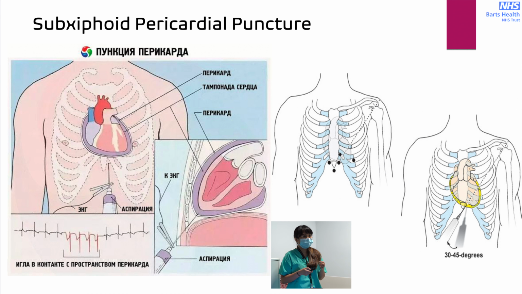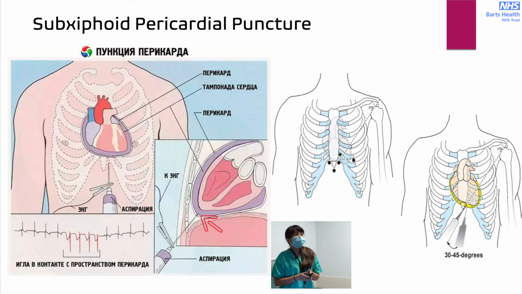Actually, 15% of the complications are because of RV puncture. In this photo, you just need to know the anatomy of your patient: 30 to 45 degrees, pointing your needle at the left mid-clavicular point, that's it. So it's basically a blind puncture.